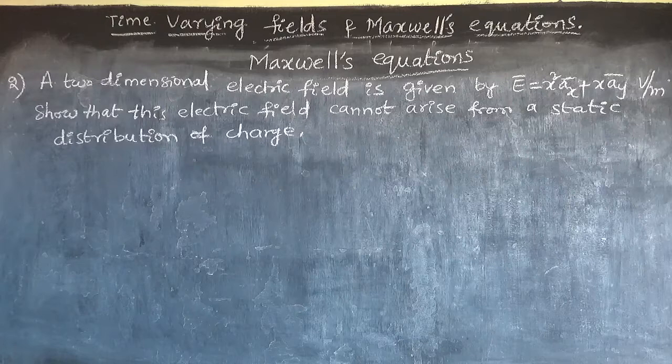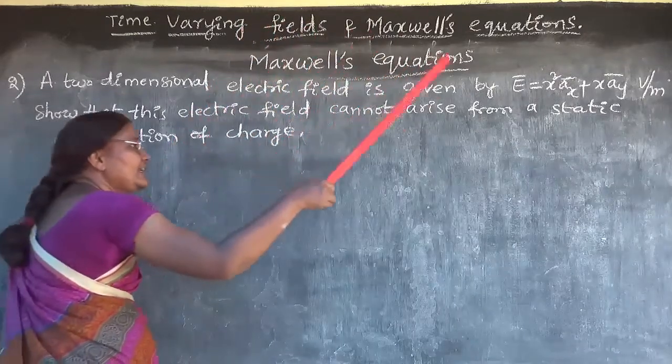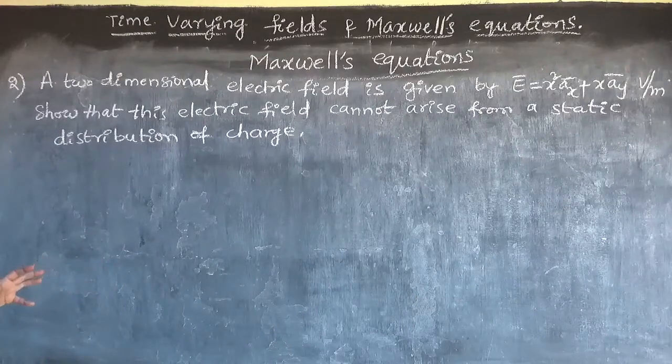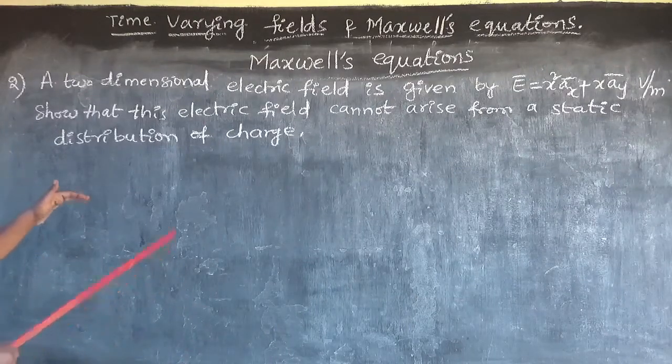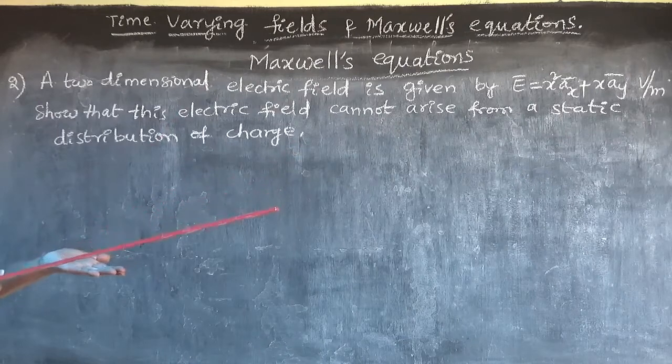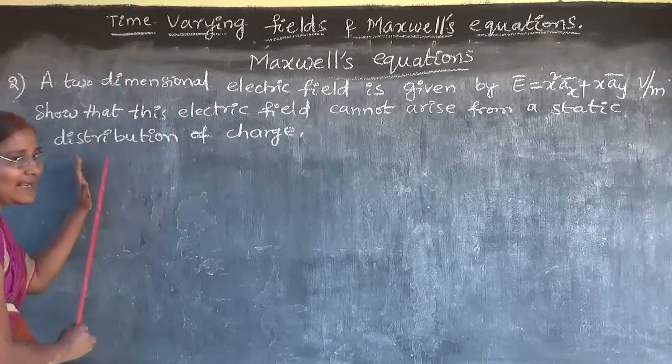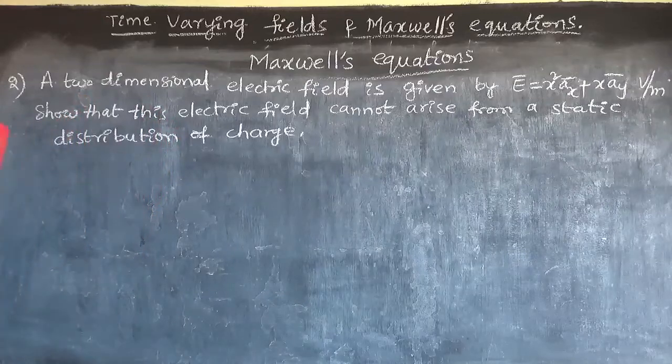So we are dealing with time varying fields, and he is saying that it is a time varying electric field. That means this field is not arising from the static distribution of charge. It is arising from the dynamic distribution of charge.